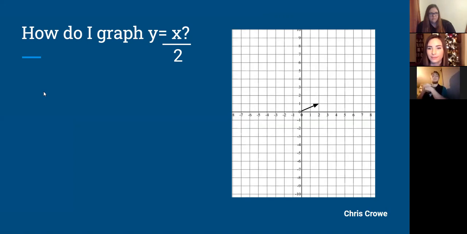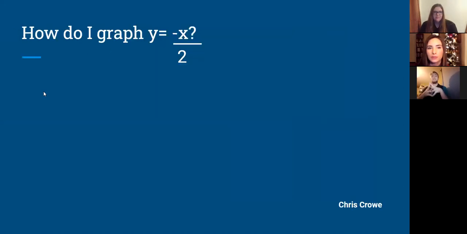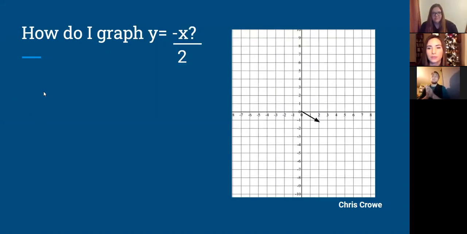For example, people can increase their longevity by eating healthy by 2, or let's say 20 years or so. So we go over 2 and then up 1. The up 1 simply represents the increase in longevity. As for y equals negative x over 2, it's the same concept, except it's going down, decreasing.